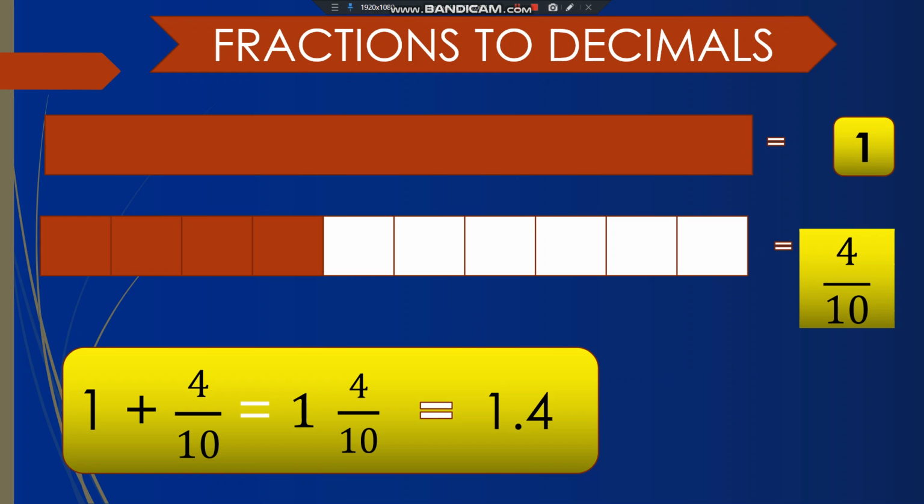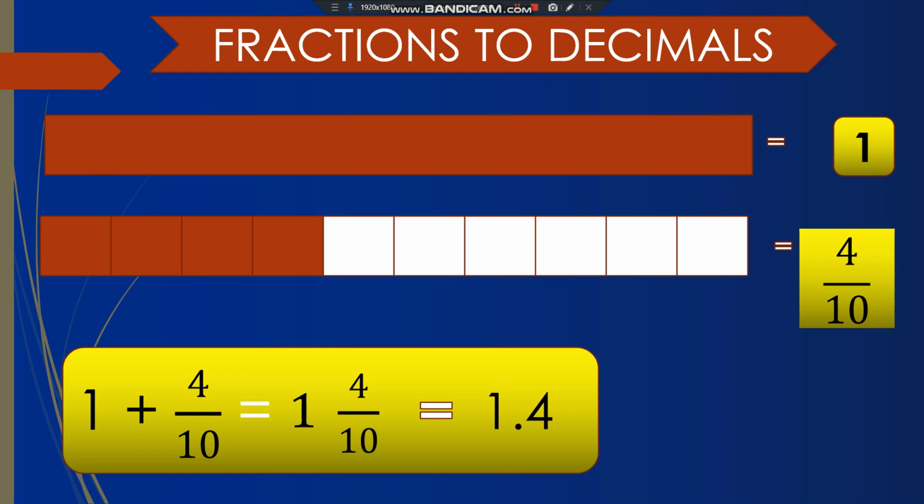In this example, we have two figures. The first image is a complete box, so the value will be 1. The second box is divided in 10 parts, out of which only 4 are shaded, so the fraction will be 4 by 10. This will be added. 1 plus 4 by 10 will become 1 4 by 10.